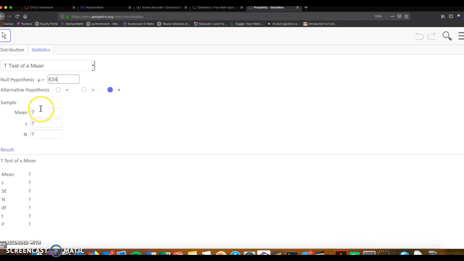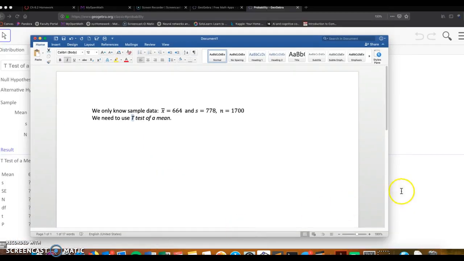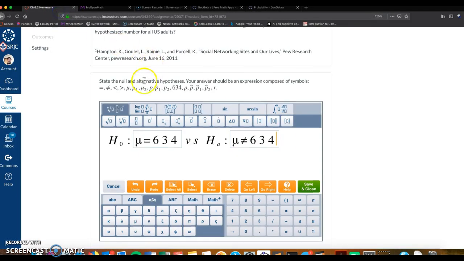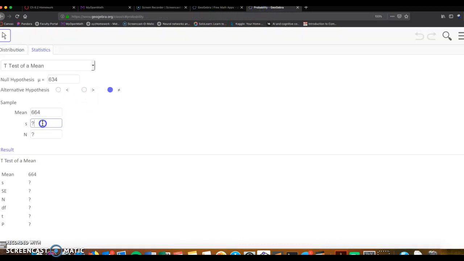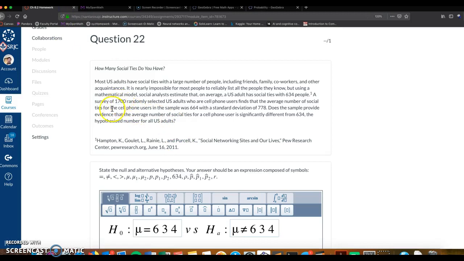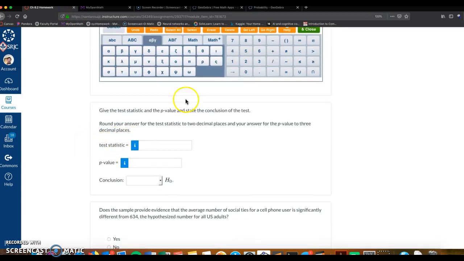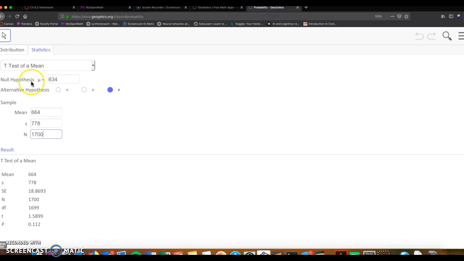Alternative is not equal. And the mean was, I think, 664. I want to double check that. 664. And standard deviation of 778. And sample size n, that was 1,700. Yep, 1,700 random adults.